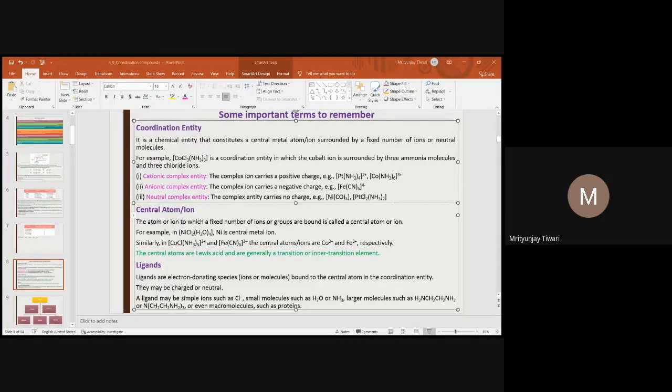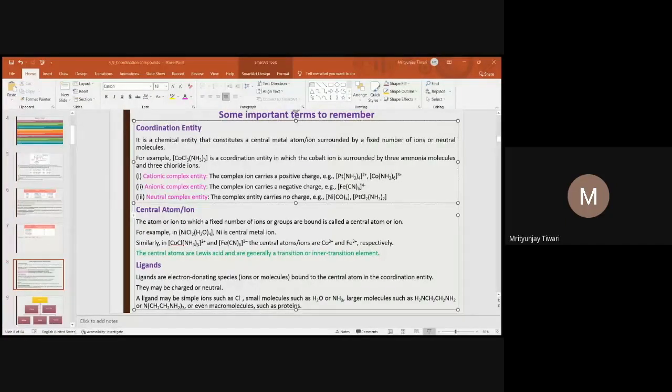The central atoms are Lewis acids and are generally transition or even inner transition elements. This is one important point. The central atom accepts electrons from electron rich species, which means it behaves as a Lewis acid, an electron deficient species.